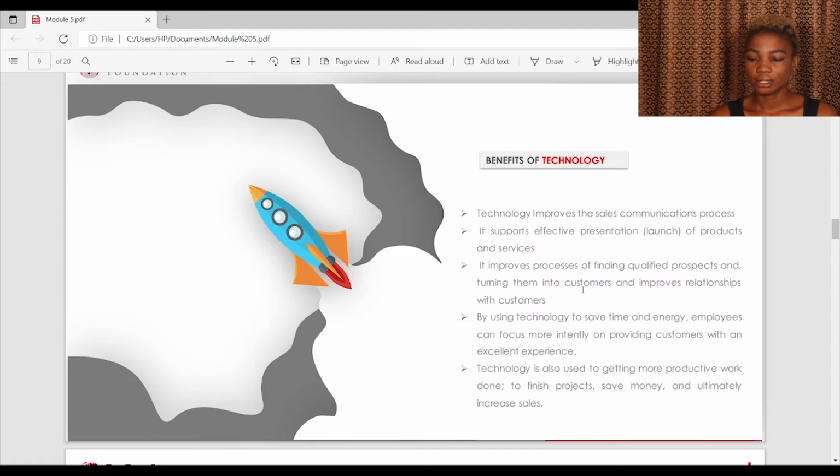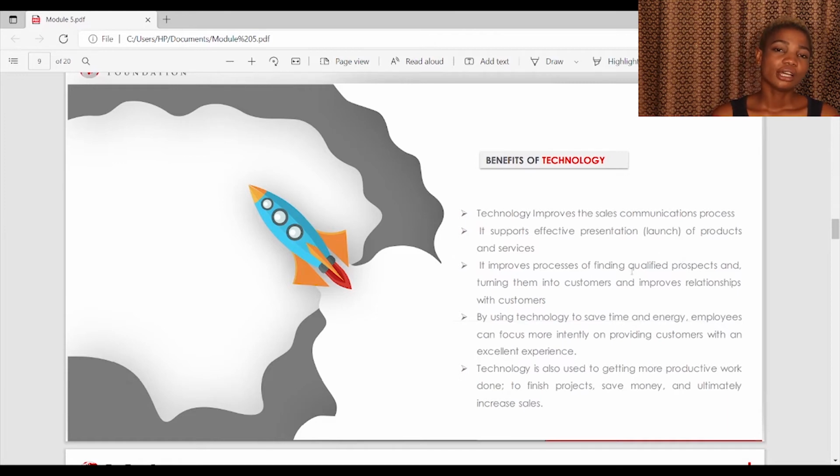Let's say you want to market in Port Harcourt, so you can literally say you're marketing to Port Harcourt people, and technology can tell you how many persons this post you're about to do ad promotion on can actually cover, right? You can actually choose the age range. So that's it. It helps you find the right people for your business, for your product, for your services, and where you can actually find it.